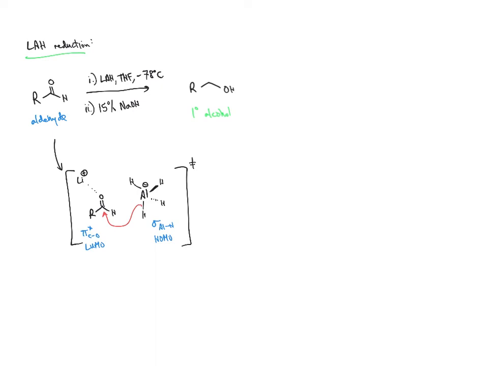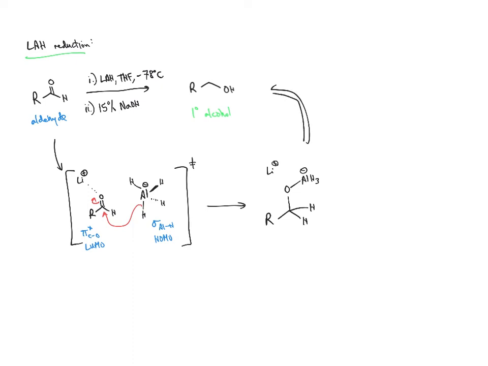We're going to get a tetrahedral intermediate, and this is an irreversible reaction, so it's a forward arrow, no backwards arrow. We've got now two hydrogens attached to that carbon atom. One was originally there, and the second is delivered by the aluminum. We've got now an oxygen-aluminum bond, and then our lithium counterion.